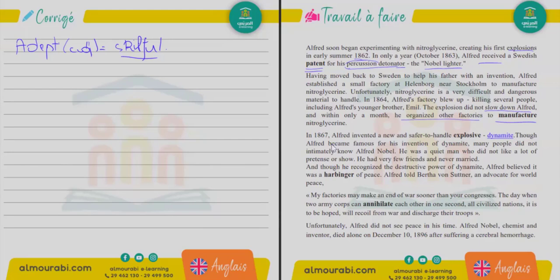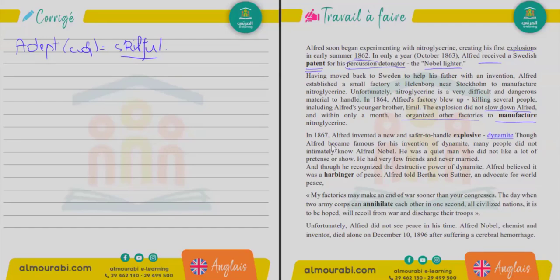He was a quiet man who did not like a lot of pretense or show. He had very few friends and never married. And though he recognized the destructive power of dynamite, Alfred believed it was a harbinger of peace.